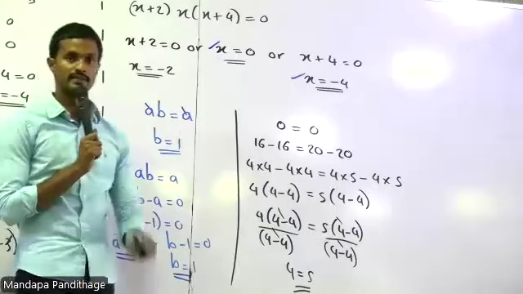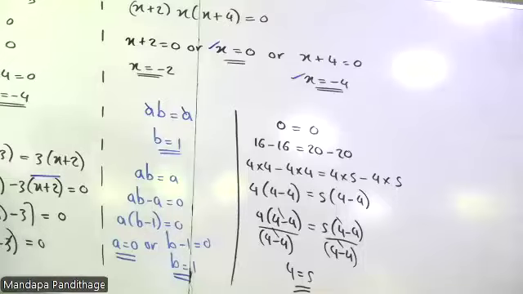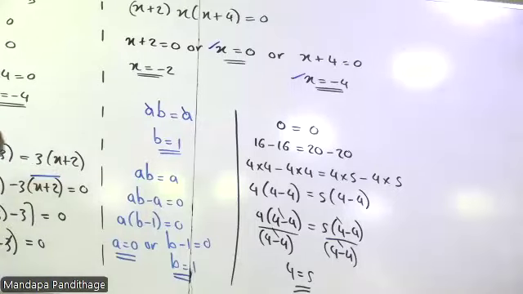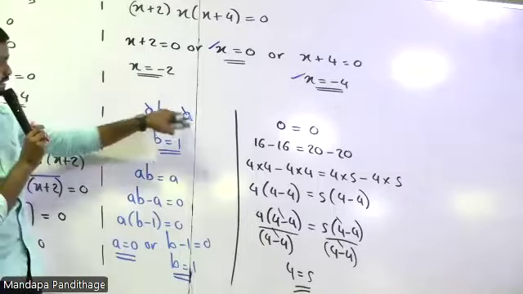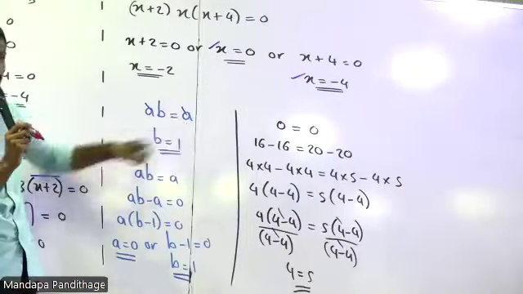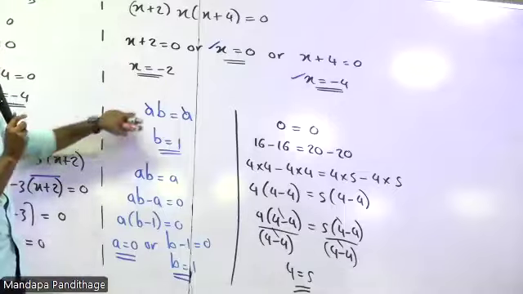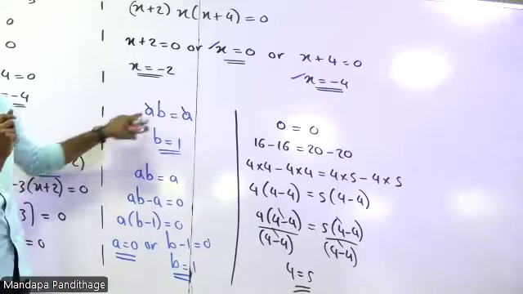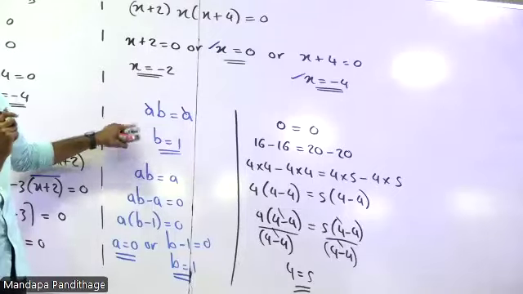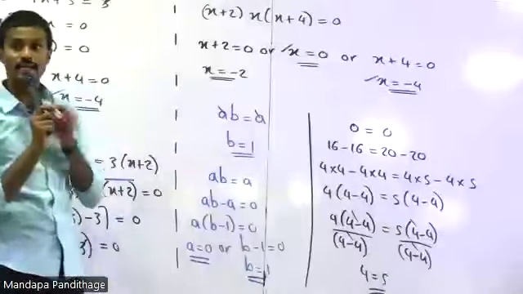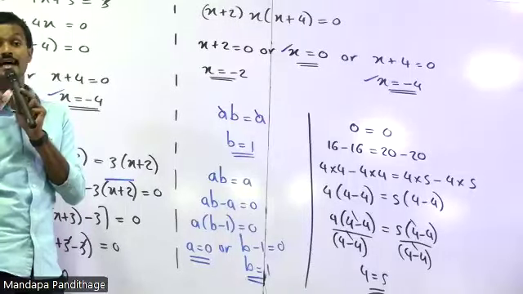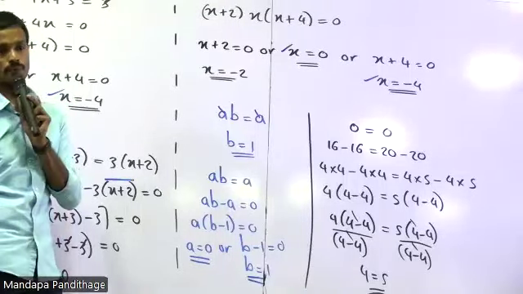Clear? Okay, so I'll now explain what is the difference here. But again, you have cancelled this by A, no? Cancel means we have divided both sides by A. So when you are dividing both sides by A, that means you are assuming A is not equal to 0.